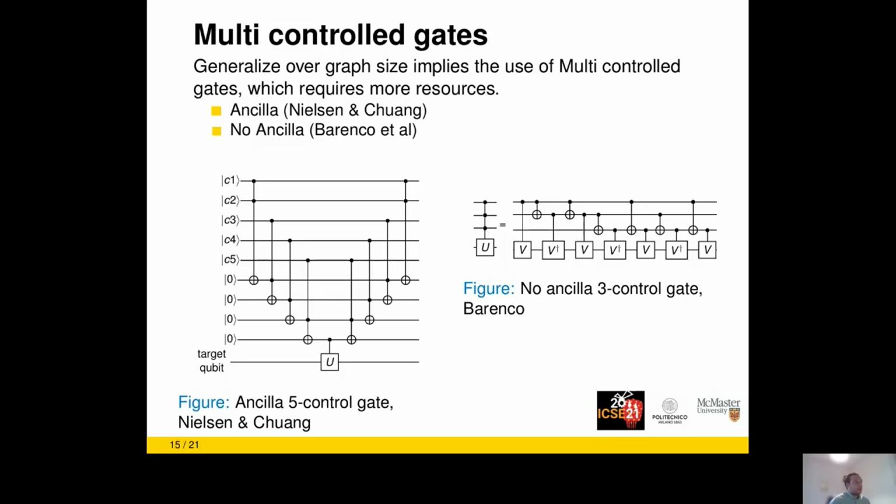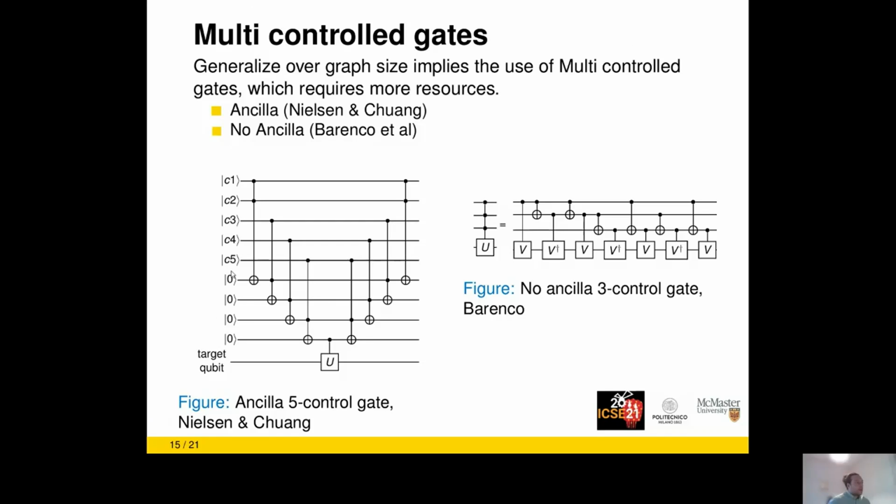Here we report two examples from two approaches from literature. The one of Nielsen and Chuang on the left, and the one of Barenco on the right. They basically express how to construct multi-controlled Toffoli gates with more than two controls. Here on the left, the approach of Nielsen and Chuang uses ancillary qubits, which are working qubits used only to construct the gate.